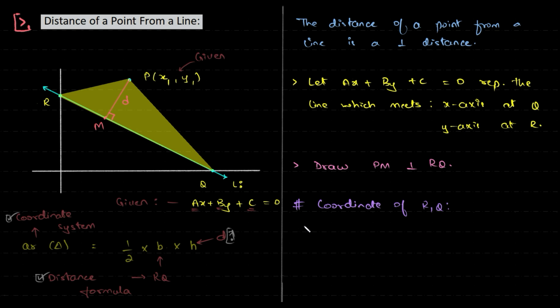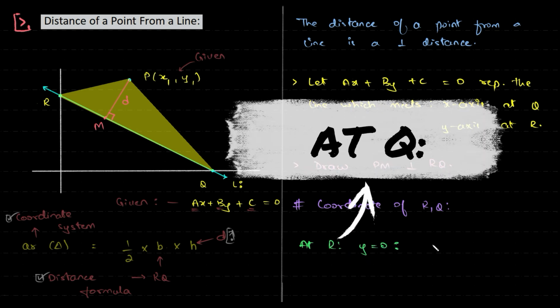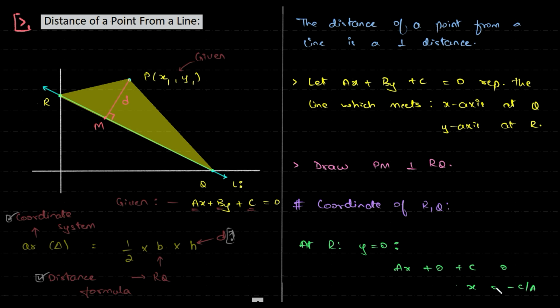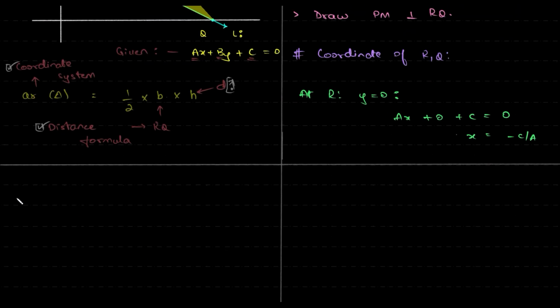Right, how will we do this? First thing first, at Q, we have y is equal to 0. So therefore, your equation of the line will become ax plus 0 plus c is equal to 0. And I have x is equal to minus c by a. So that's your x component of Q, and therefore the coordinates will be what?